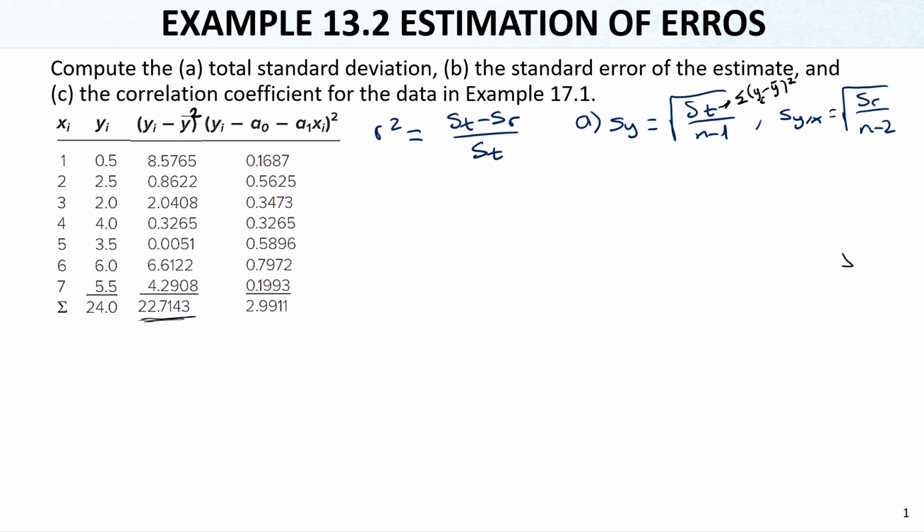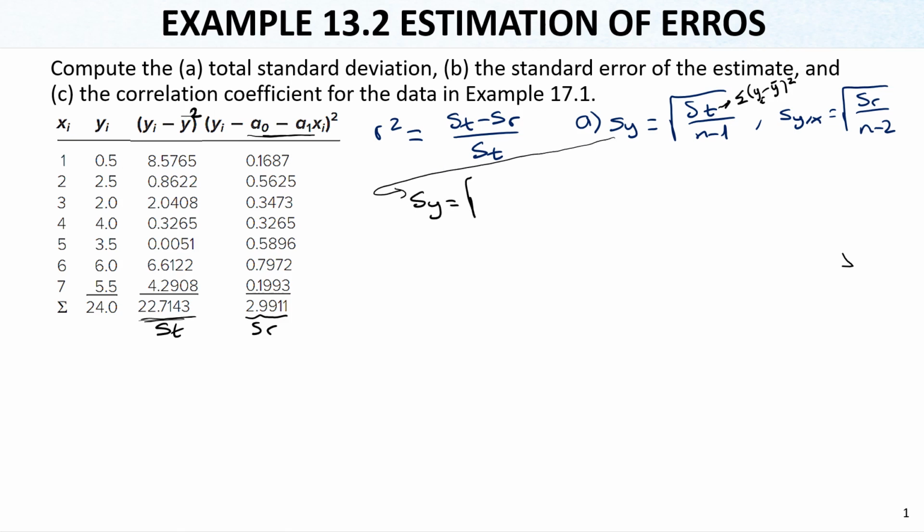So this is St. Similarly, Sr is the summation of these regression line predictions subtracted from the yi. So this is Sr. Let's write this correctly. This is St and this is Sr. Then we can use these in here to calculate these.